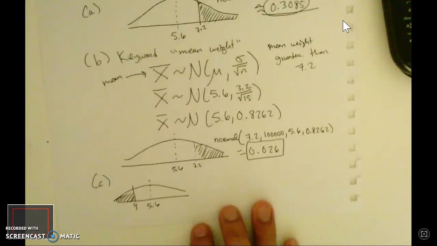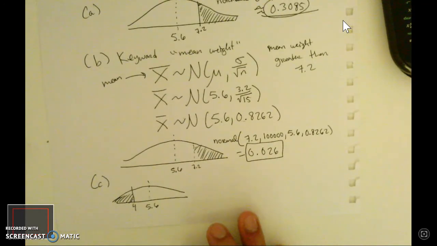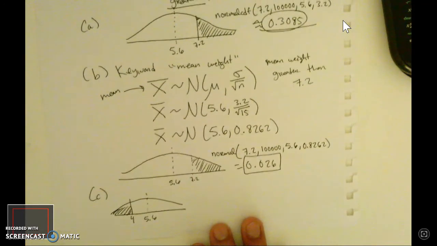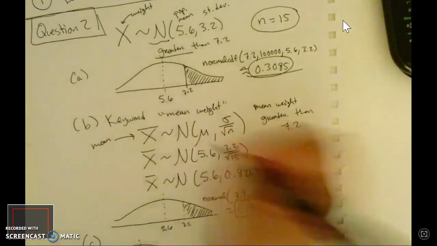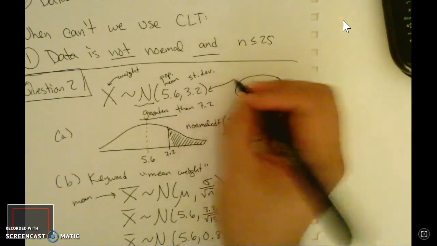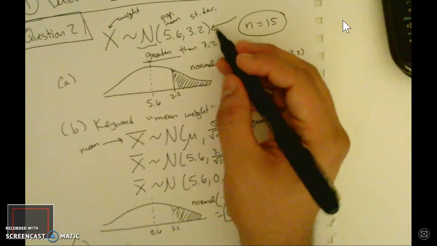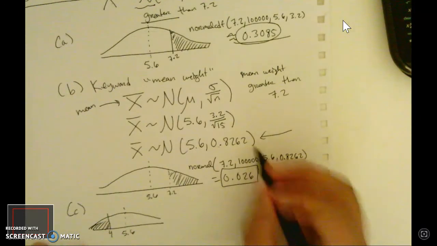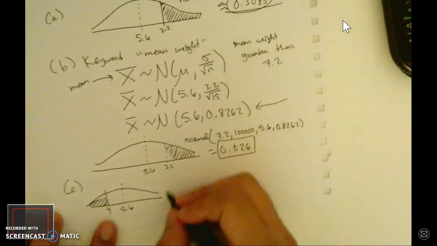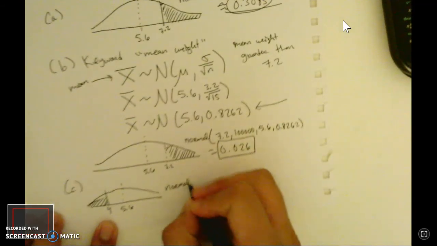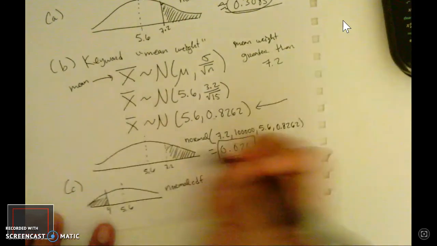So now what we need to figure out when we use normal CDF is, which one do we want? Since the keyword in this case was mean weight, we don't want this one, which is the regular one from the population. We want the one that we calculated, this one. So we want normal CDF, because the keyword was still mean weight.